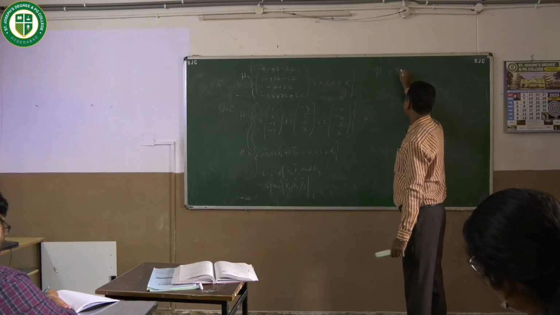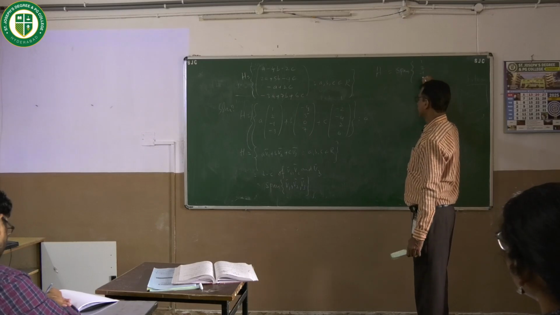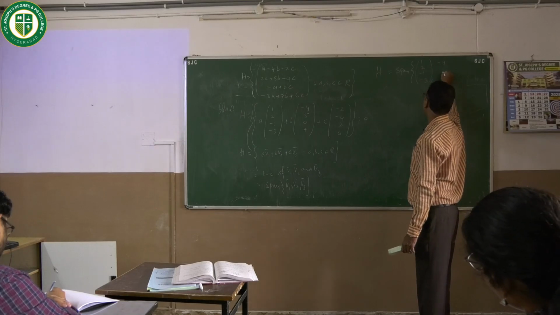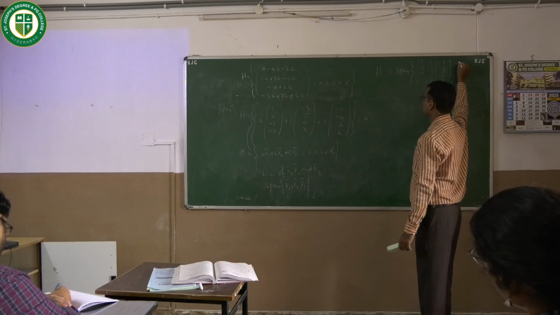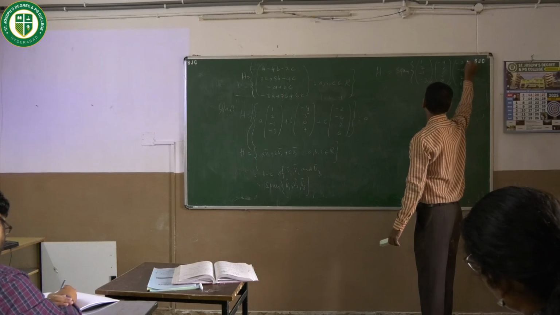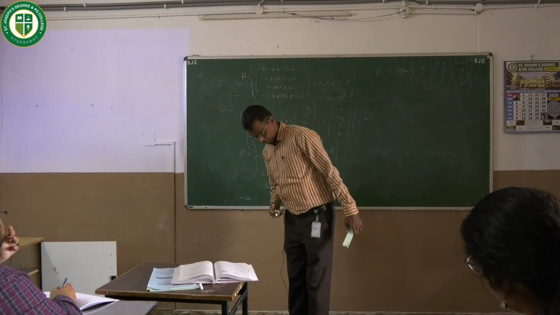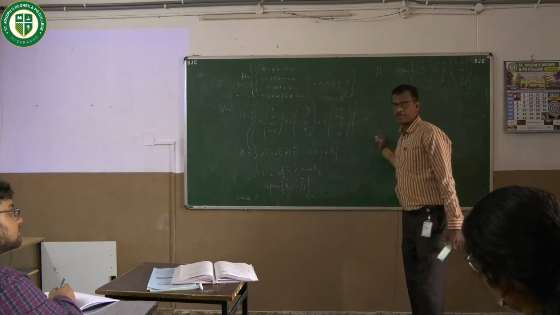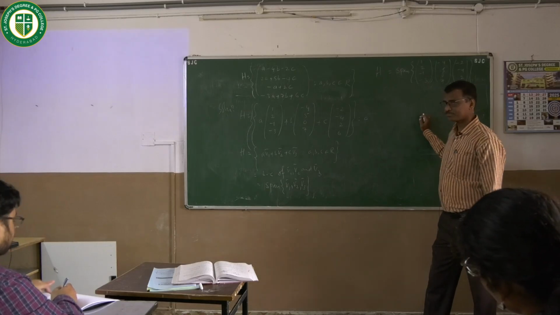Once you get the spanning vectors, you write H is equal to the span of the vectors: 1, 2, minus 1, minus 3; minus 4, 5, 0, 7; then minus 2, minus 4, 2, 6. That's it. Okay, these are the spanning vectors. Once you get them, next go for the combinations.